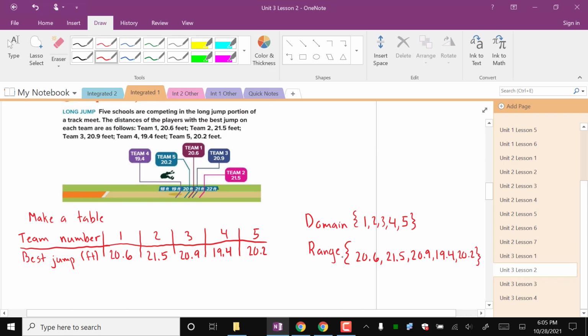Now looking at this, do we have any repeaters of our domain or our input? And we don't, because we have 1, 2, 3, 4, 5. Each one of our input values is different. So this is going to be a function.